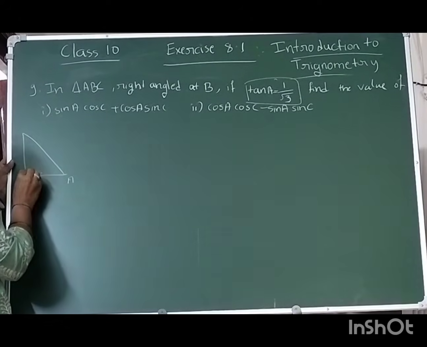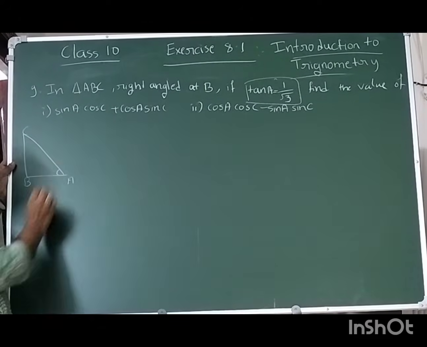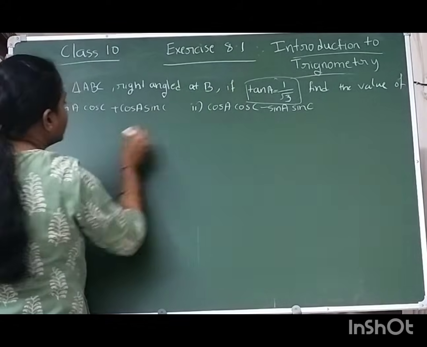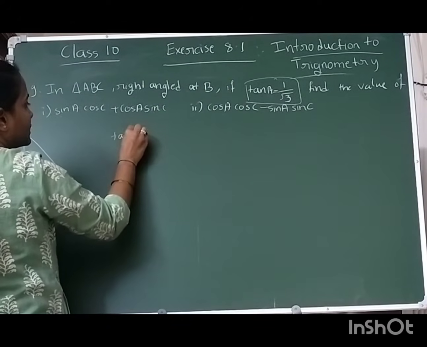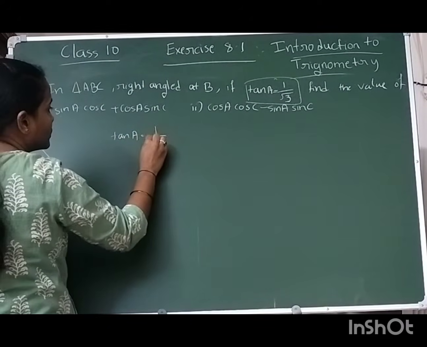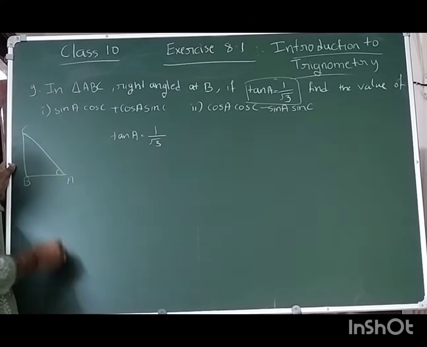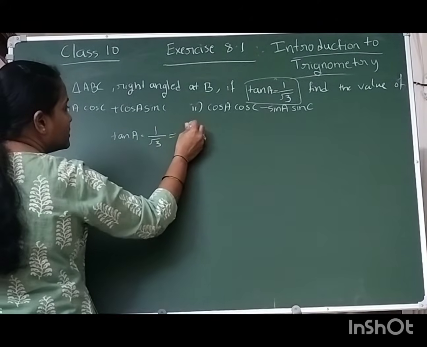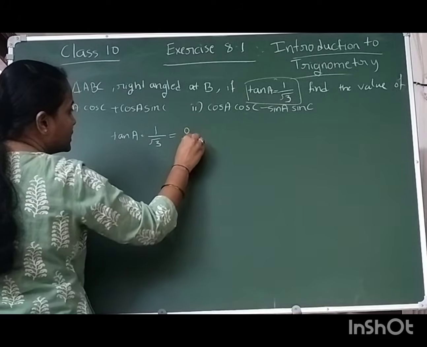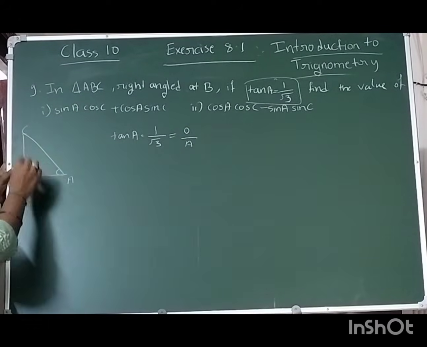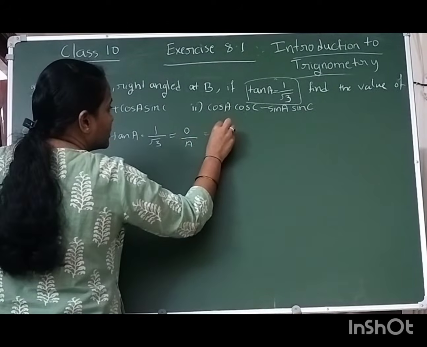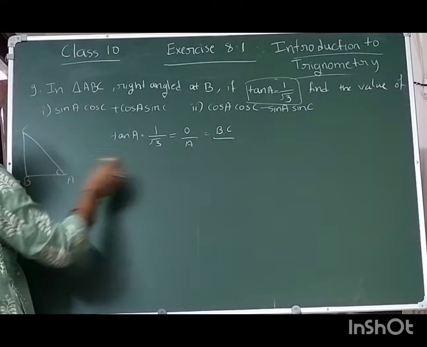Let's consider triangle ABC. Given is angle A, so let's make angle A as theta here, and tan A is 1 by root 3 is given, and we know that tan A is nothing but opposite by adjacent. So opposite is BC here and adjacent is AB.